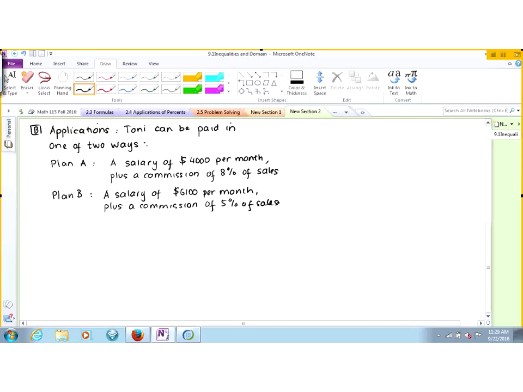All right. So which one should Tony choose, do you think? Depends on how much sales it is, right? So the question is, for what amount should Tony select plan A?